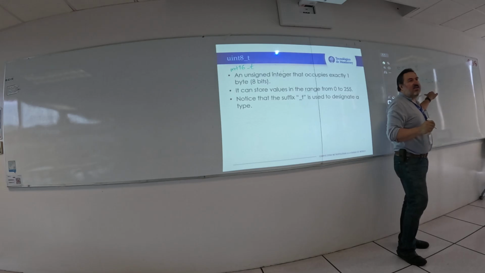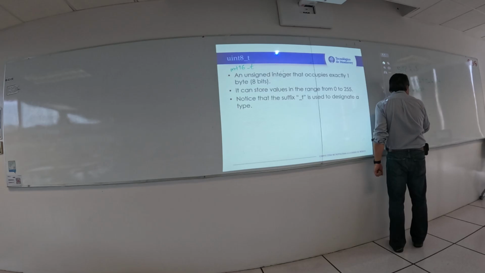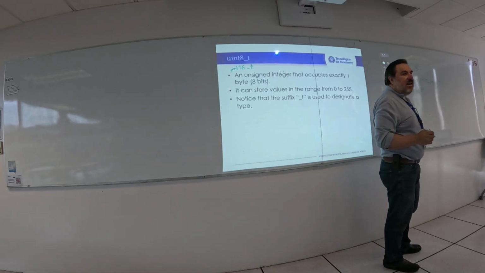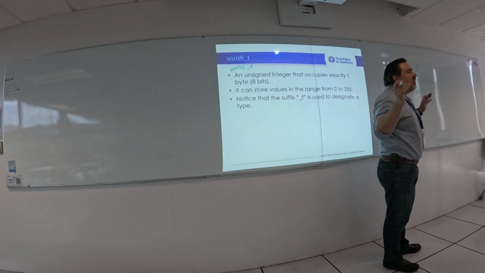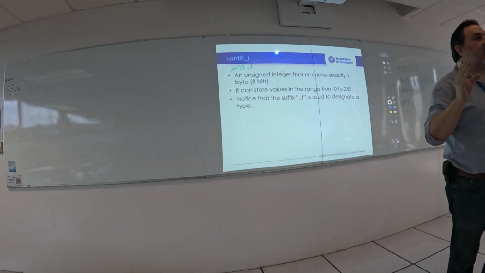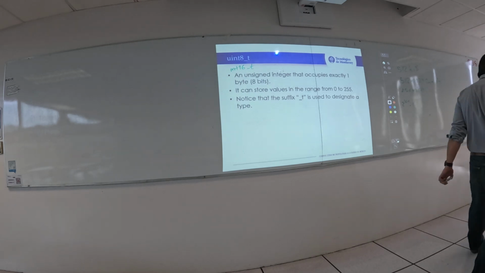If we need numbers bigger than 2 to the 16 minus 1, then I go over to int32, right? So I have to pick the size of the variables that I'm going to store in memory, depending on how much memory I have and how much memory I know I need for the data to be able to be stored. Okay? All good up to this point?